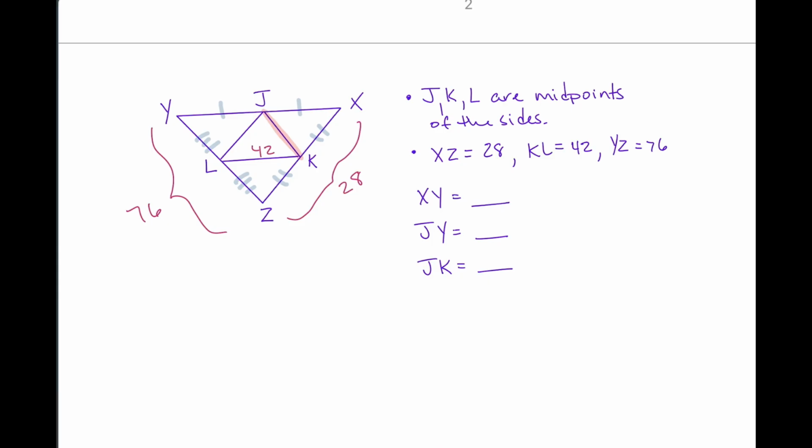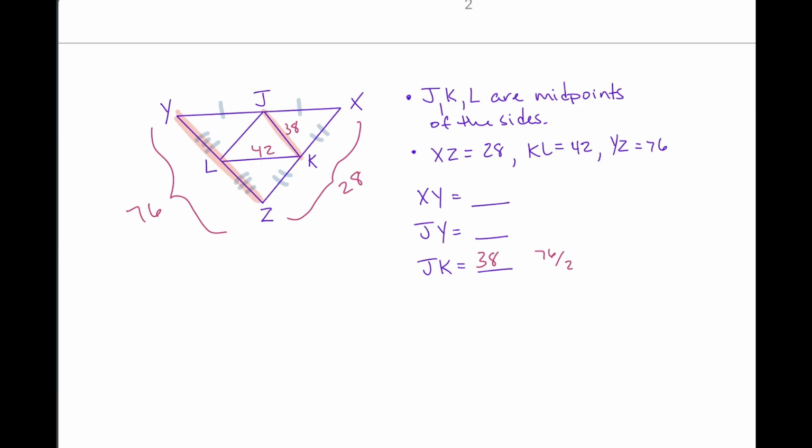So JK would be half of whatever its opposite side is. If the opposite side is 76, we divide that by 2, and it gives us 38. So this side is 38.